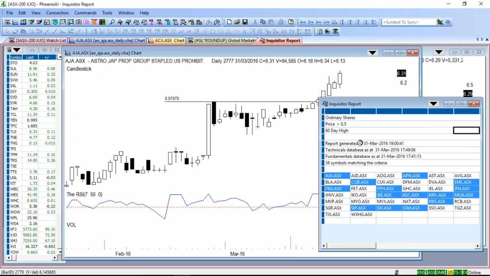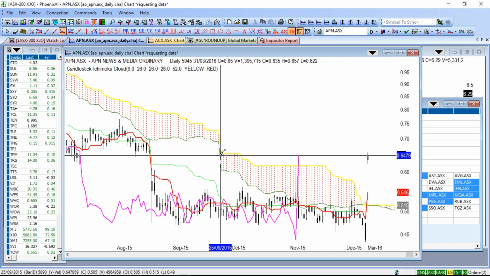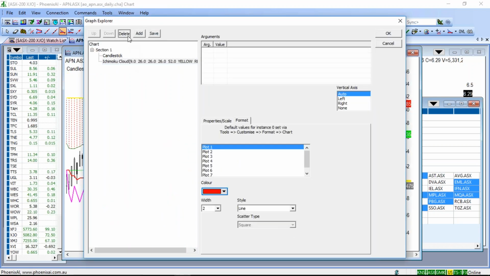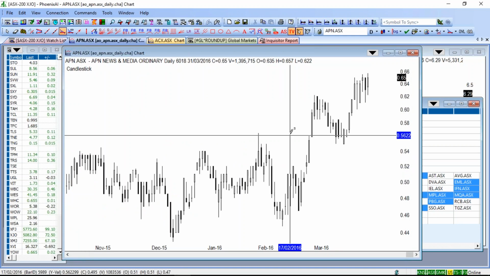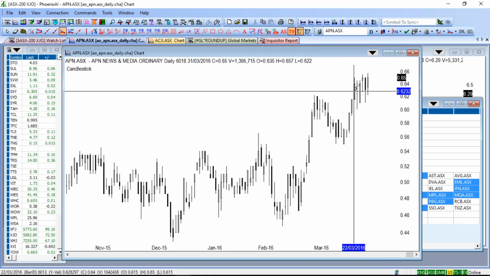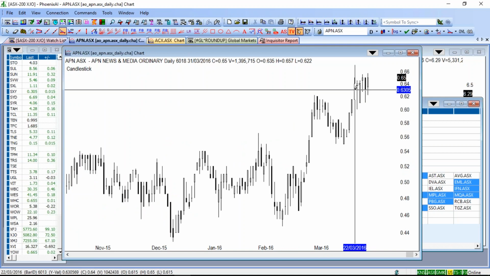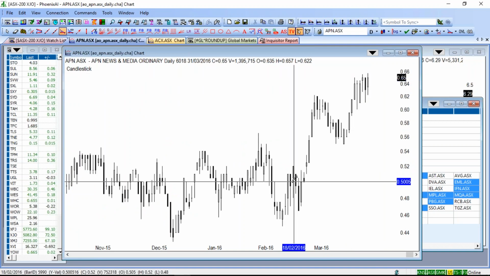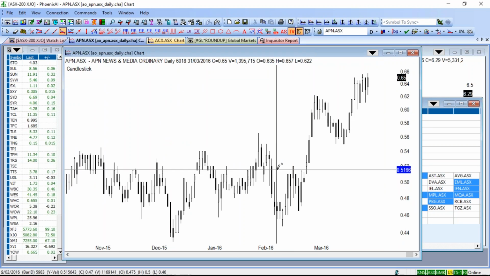On the 60-day high, for example, this one here, APN, sorry, people ask me about these things and I leave them on the charts. There we go. So again, this stock came up on the 60-day high a few days ago. It's come up again today. We have this consolidation in the background.